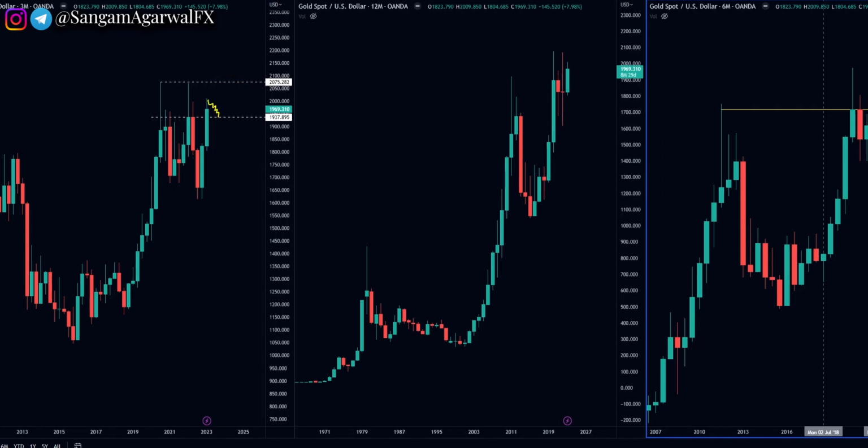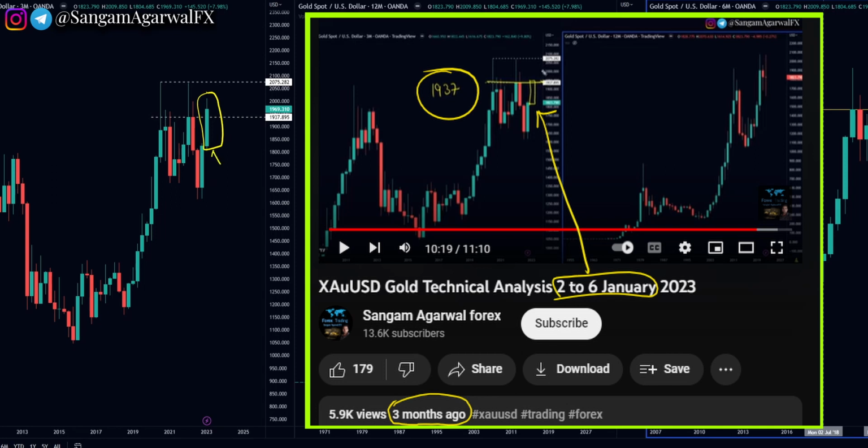So in upcoming week, if it makes correction, then it is a good chance to buy before price closes above 2075. And this closing is same as I explained to you in beginning of this year. And now your speculation is next quarterly candlestick.